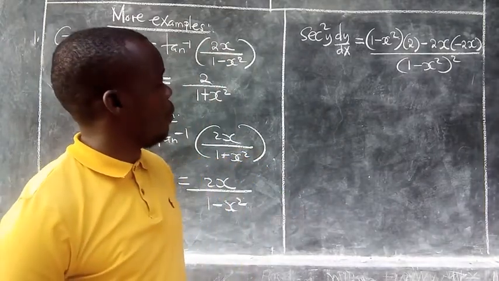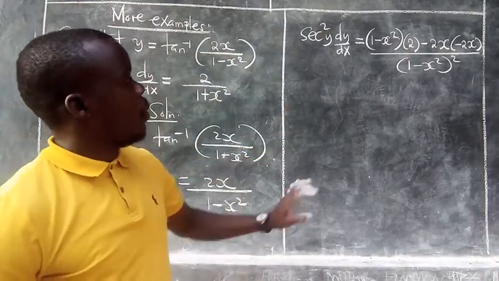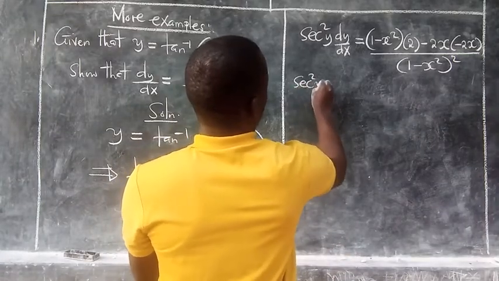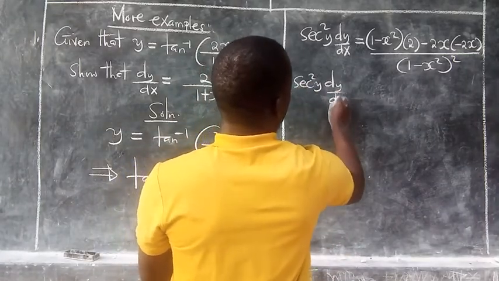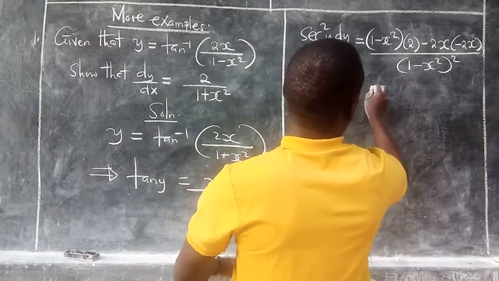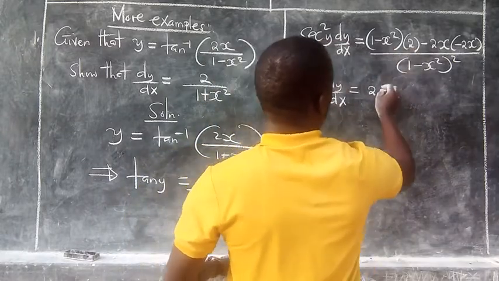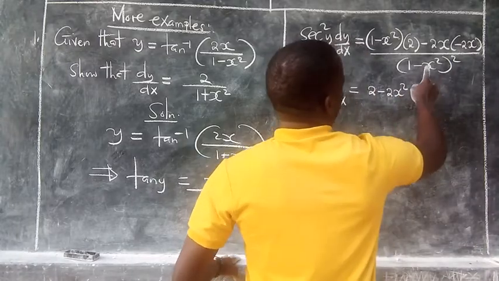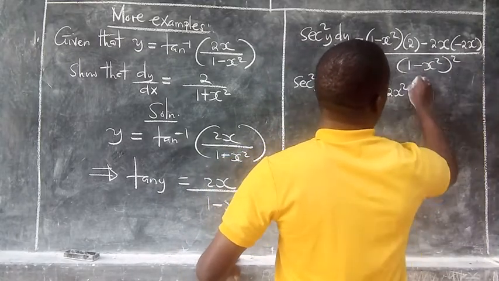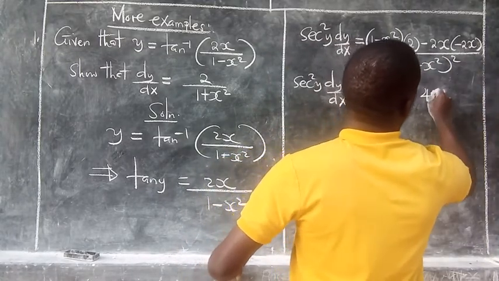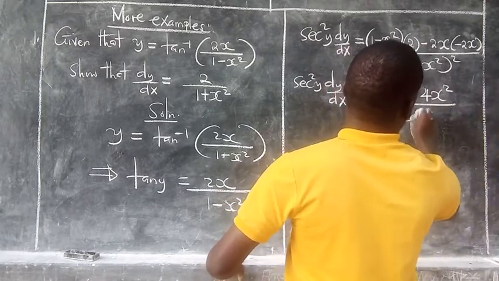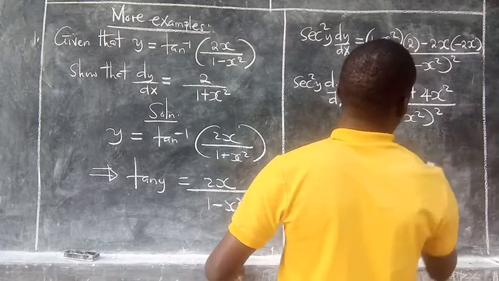And then the next step is going to be basically the simplification. We could first handle the right hand side and make it easier. So we have sec squared y dy dx is equals to, I'm opening the brackets, 2 by 1 is 2, 2 by minus x squared is minus 2x squared, and minus 2x by minus 2x we get positive 4x squared. All this divided by 1 minus x squared, but squared.